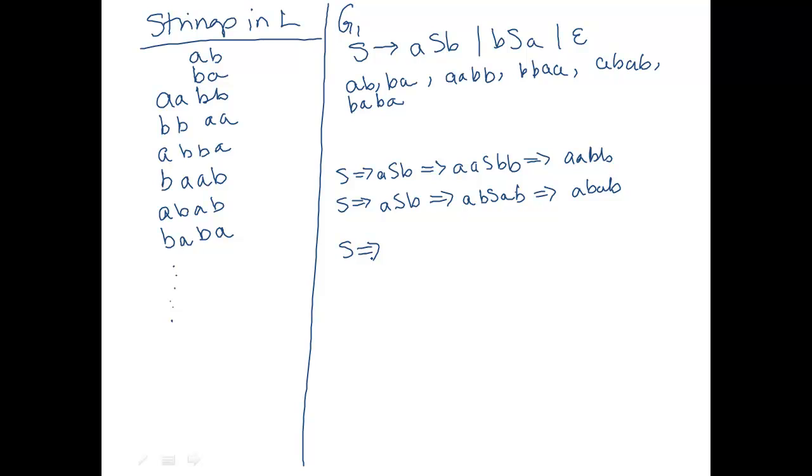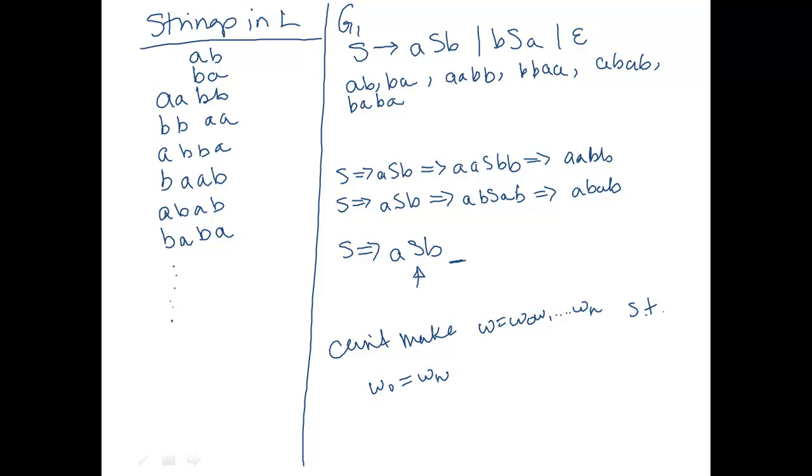If we try, we get something like this, and there's no way to get an A on the end, right? All of our replacements are going to happen on the inside. So this grammar can't make a string W equal to W0 through Wn such that W0 is the same as Wn.